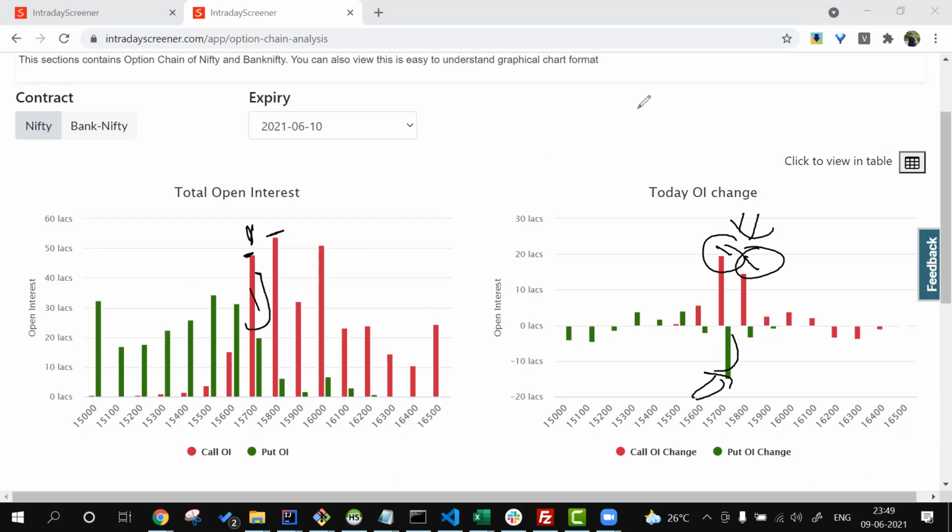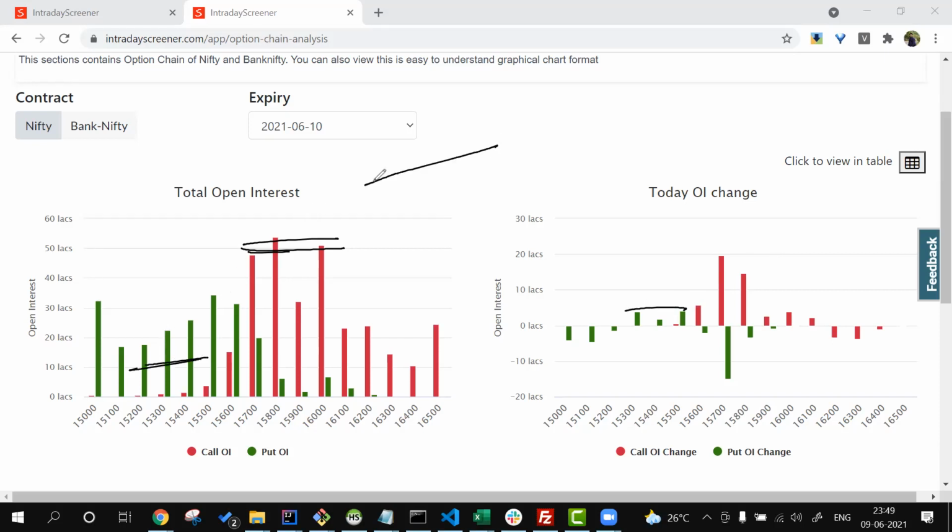This explains that traders have built short positions at this 15700 level, sold these calls, and you can see that they have moved puts a bit to the lower side. That means that with this current fall, Nifty will face resistance at these levels. 15700 will be resistance, and support is at 15500. So this gives you a range of Nifty.